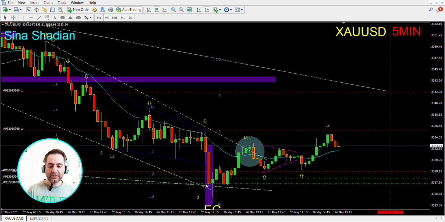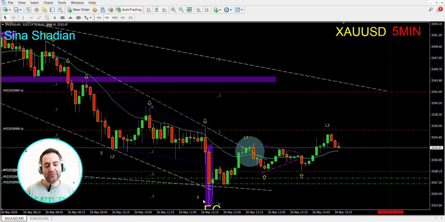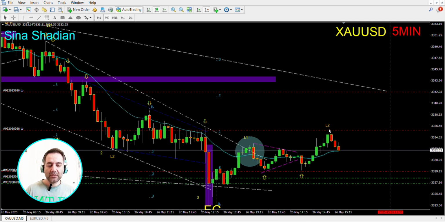After this fade breakout, when the market comes back up, I can expect at least two legs forming. If I call this the first leg, A, B, C correction, now I think the second leg is forming. I don't know whether the second leg is done here or not, but I can expect the second leg to form just like this first leg.